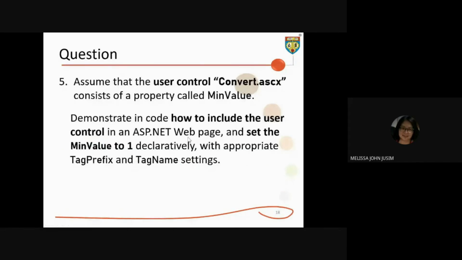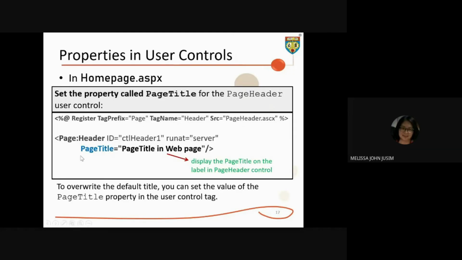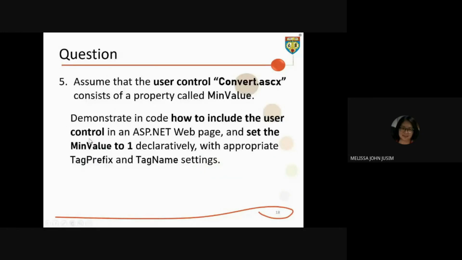Now, another question. Assume that you have a user control convert.ascx, and then you have a property called mean value for this particular convert.ascx. Demonstrate in code how to include the user control in the ASP.NET web page and set the minimum value to 1.